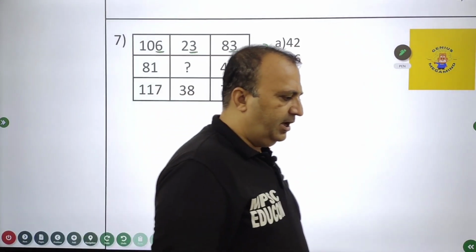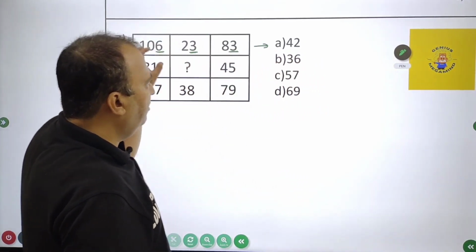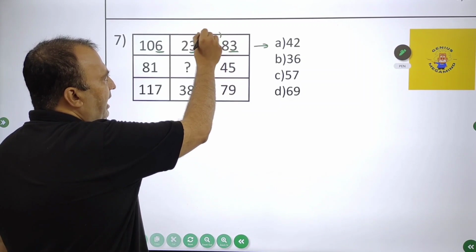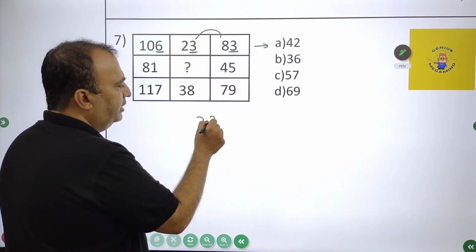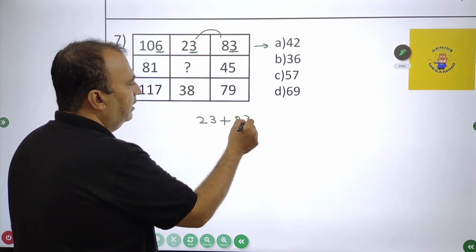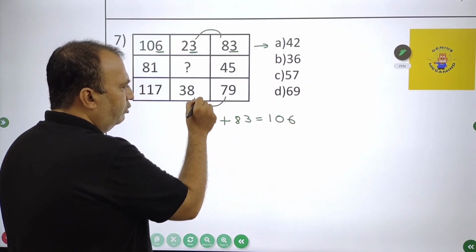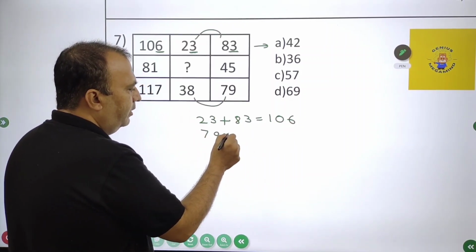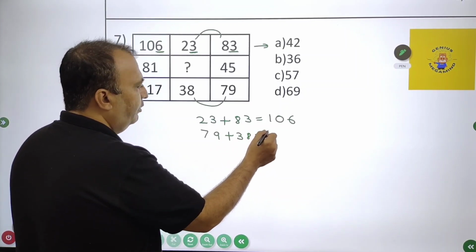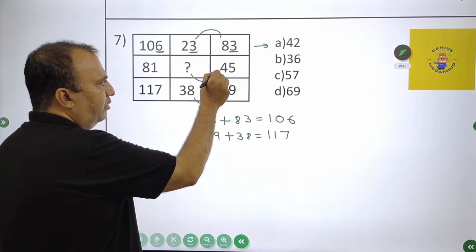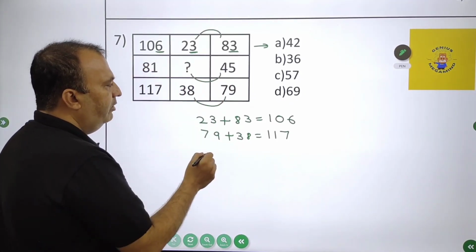So 3 plus 3, my friends, is 6. So if I deal with the question in a row wise manner and add these two numbers, 23 plus 83 will be 106. Fine. Over here also 79 plus 38 comes out to be 117. So obviously the addition of 45 plus question mark will be 81.